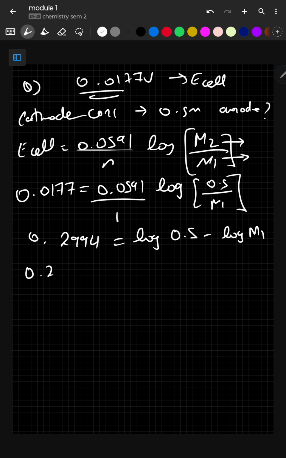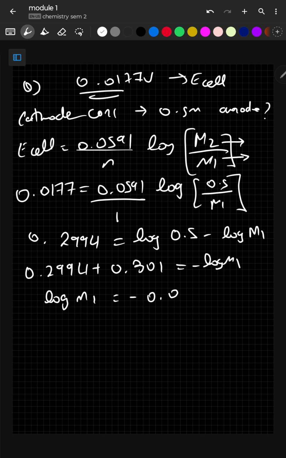So 0.2994 plus 0.301 equals minus log M1. So I am getting log M1 as 0.0016.